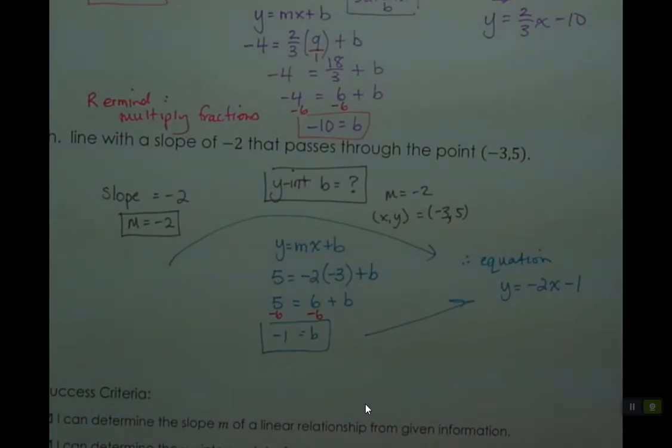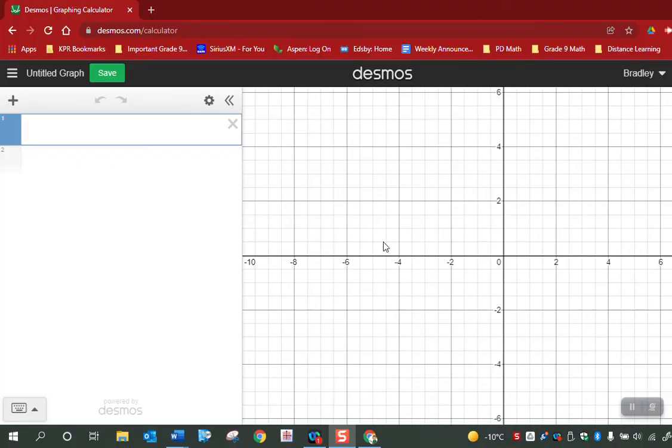If you like the visual of this, you could plot it on a graph to see. If you don't have graph paper, you can plot this in Desmos to see if it works. You can check your answer by typing in y equals negative 2x minus 1.